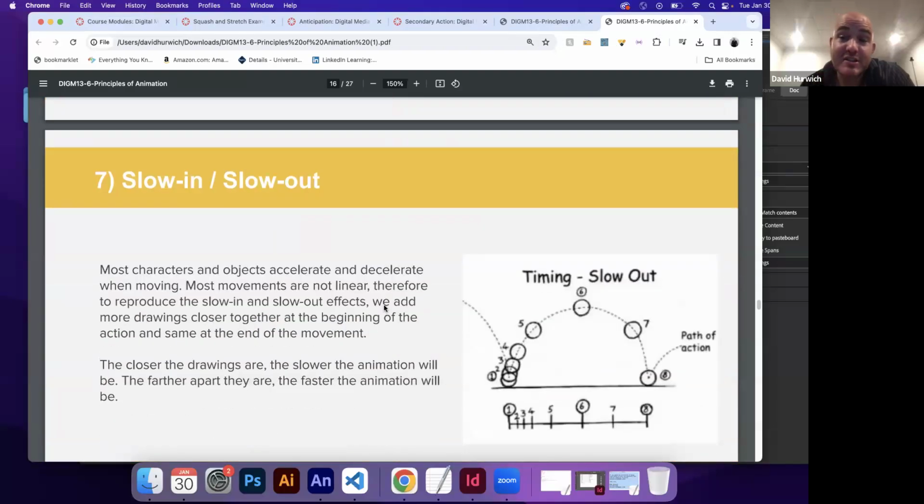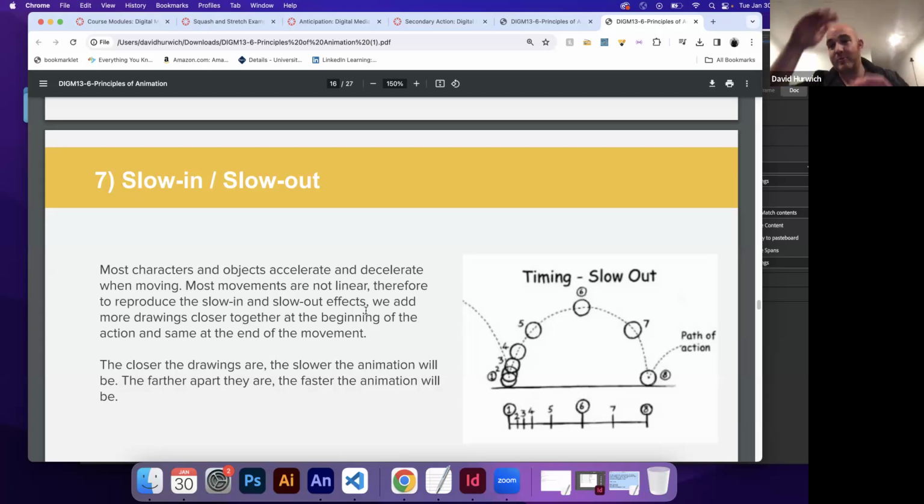All right, slow in, slow out has to do with the idea that objects don't usually maintain a constant speed. What I mean by that is, if an object is falling, I might go, okay, well, it goes from here to here, and it's like do, do, do, do, do.